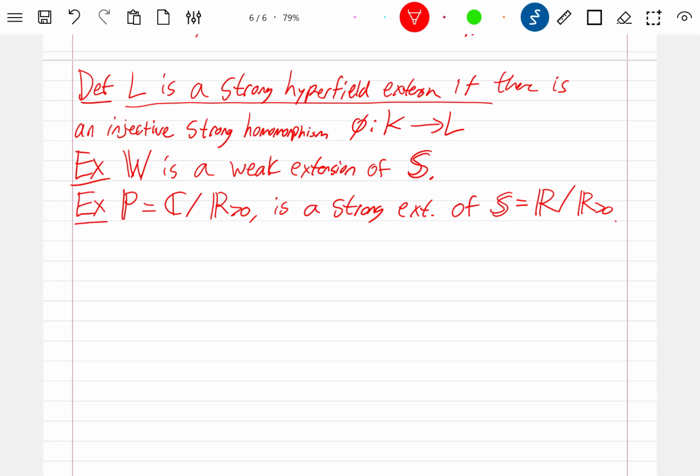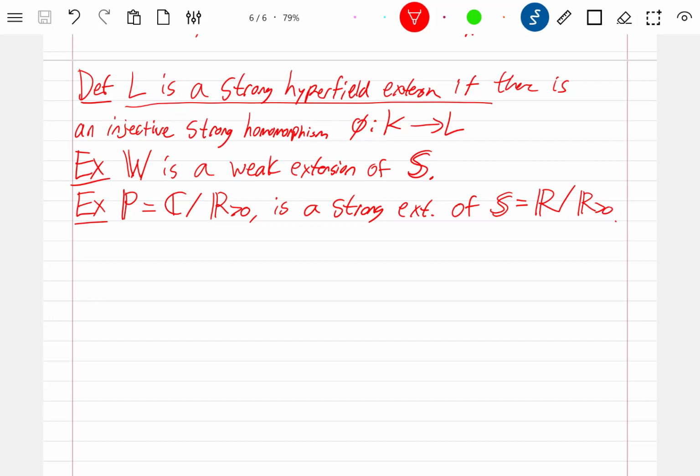So we now have examples of our extensions. We have a weak extension, we have a strong extension. This weak extension will be the key to the no minimal extensions. The strong extension will be our key to finding strong extensions.